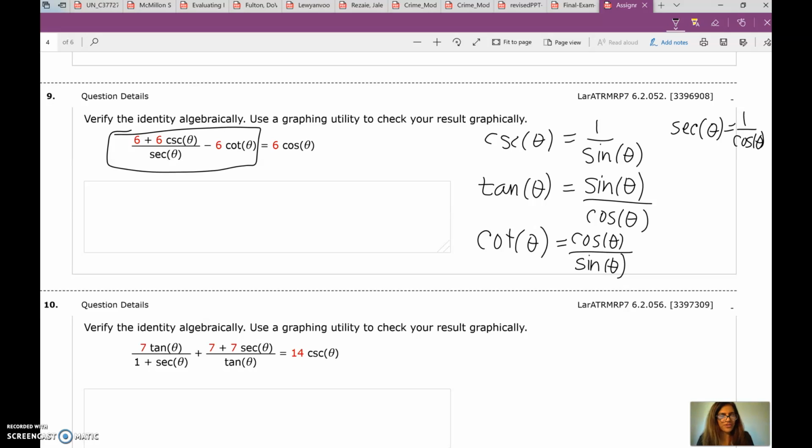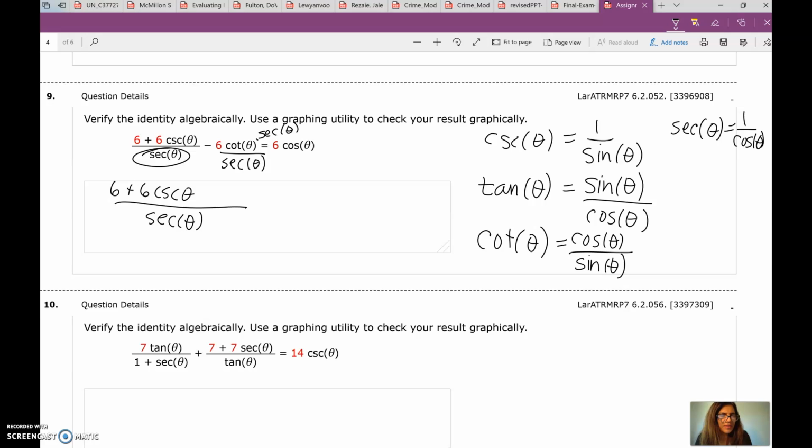All right, so here I think what we talked about was let's find a common denominator and turn this into one fraction. So it looks like the common denominator is secant of theta. So let's multiply numerator and denominator of this term by the secant of theta, which gives us as a common denominator secant of theta and we now have that as our numerator.